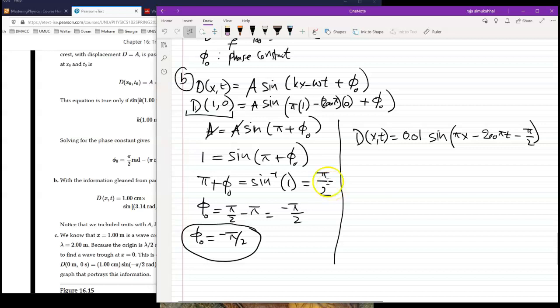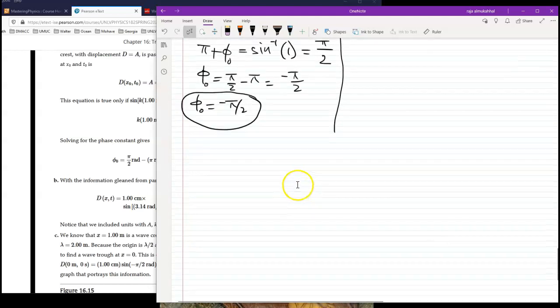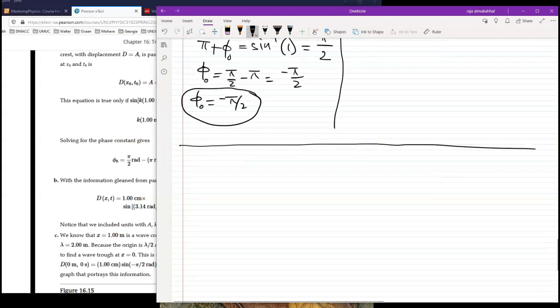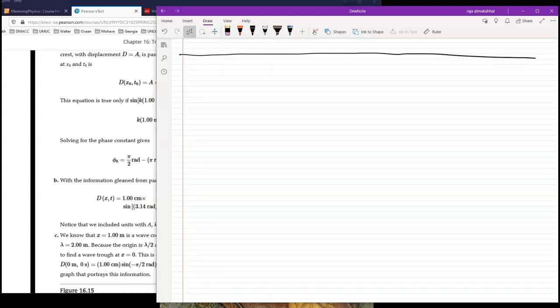Okay. The last step, now with this, I want to look at this one, and I'll make a graph of it. Well, how do I do that? So let's draw it.